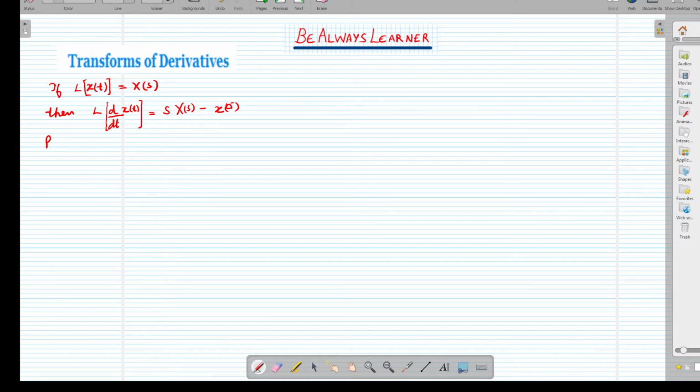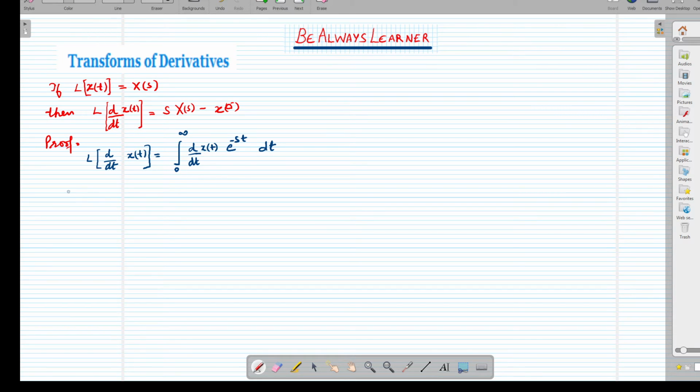So, to understand it completely, we have to prove it. By the definition of Laplace transform, the Laplace transform of d by dt of x(t) can be written as the integration of d by dt of x(t) times e raised to the power minus st, where the limit varies from 0 to infinity.